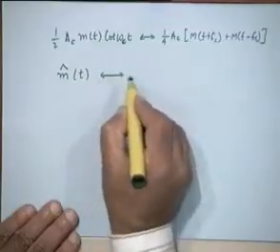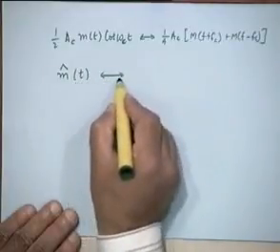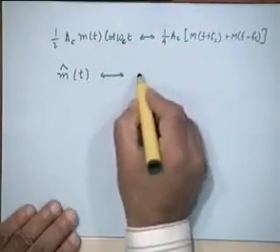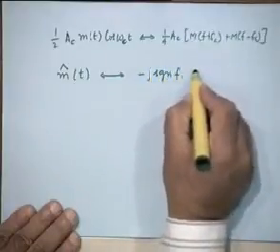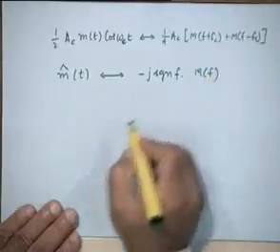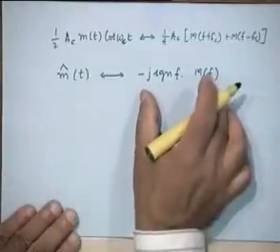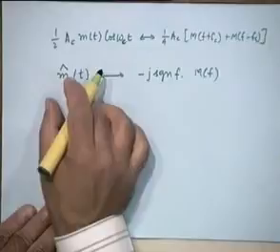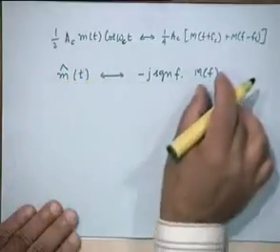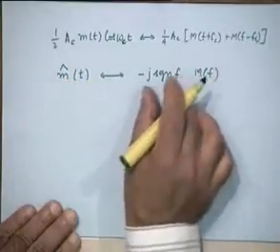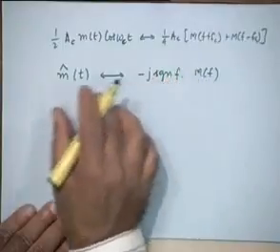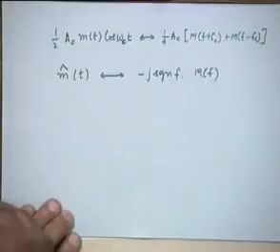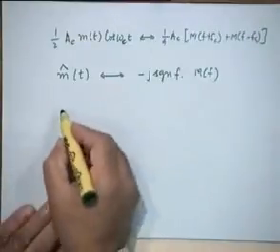To start with, recall that in the frequency domain, this is the same as minus j signum f into M of f, right? The inverse Fourier transform would be nothing but the Hilbert transform of mt. You multiply the spectrum of mt with the function minus j signum f in the frequency domain, and that's nothing but the Hilbert transform of mt, right? So we start from here.